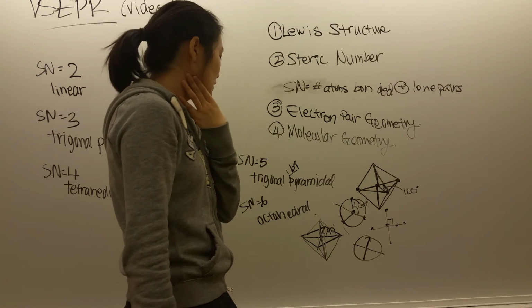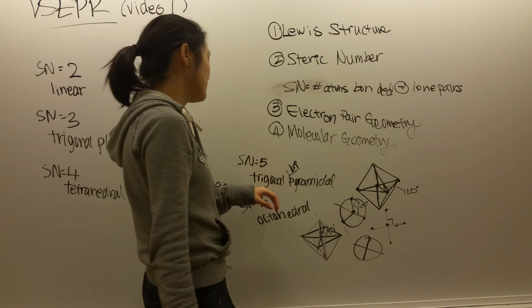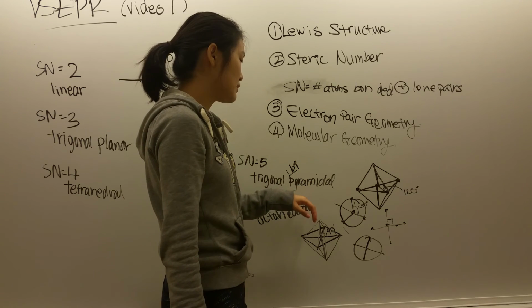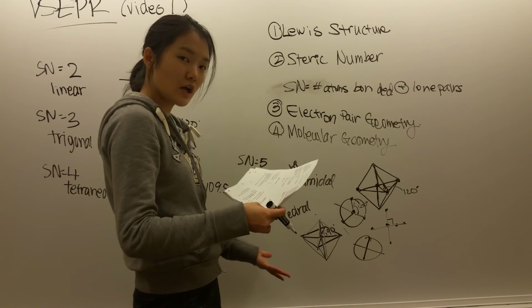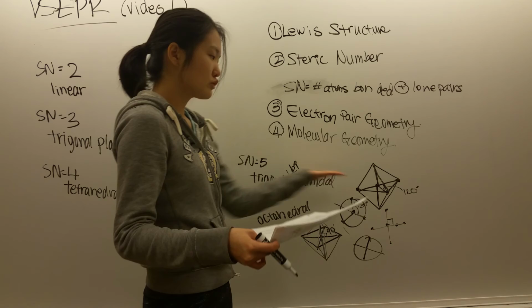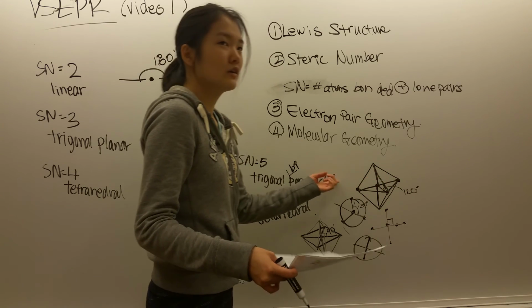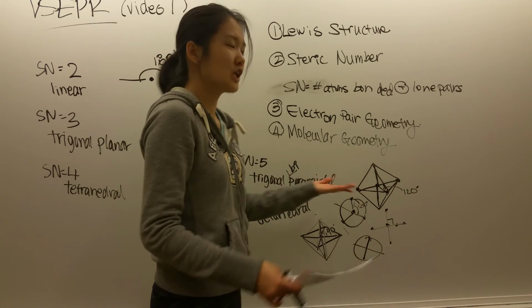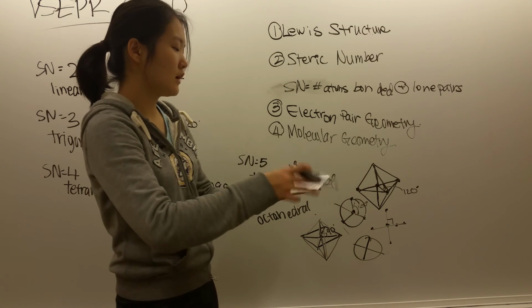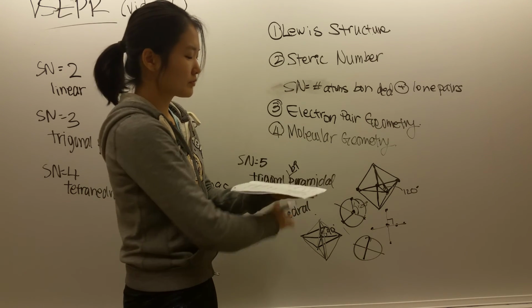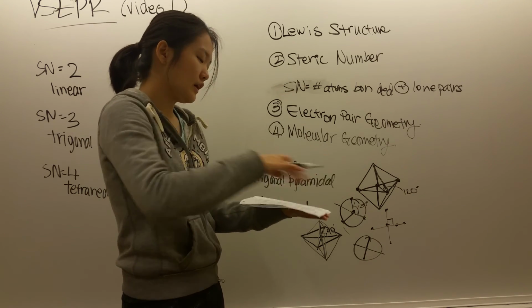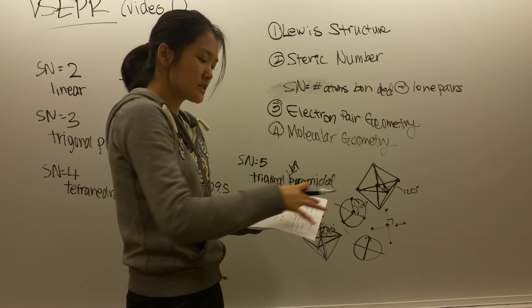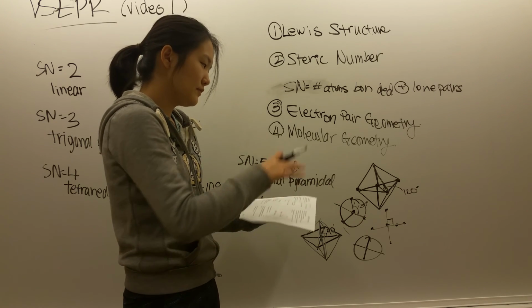to be safe. Steric number 5, trigonal bipyramidal, 2 pyramids on top of each other, trigonal, like a triangle plane here, like this. You have 3 here. That's going to be 120 degrees in between each electron density.